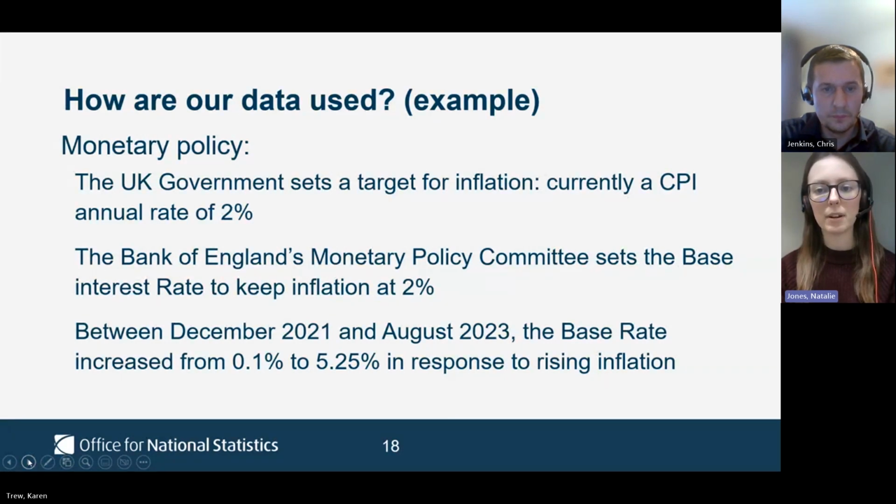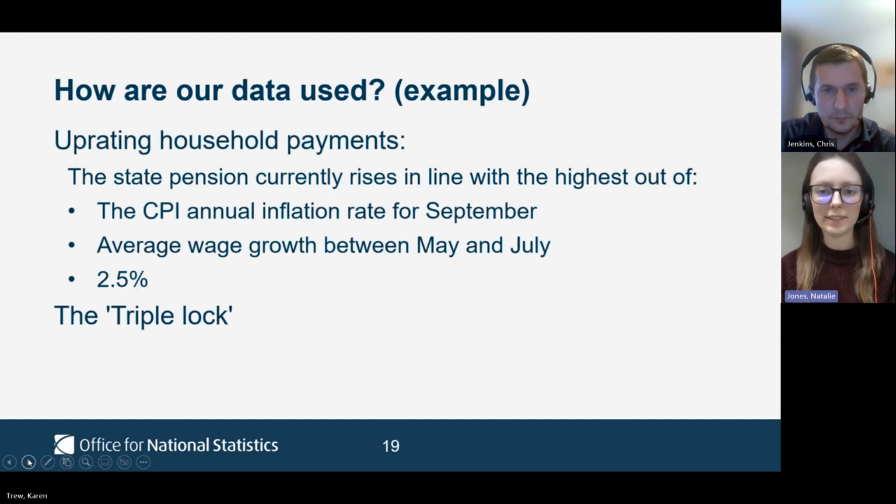The Bank of England's Monetary Policy Committee sets the base interest rate to keep inflation at 2%. So between December 2021 and August 2023, the base rate increased from 0.1% to 5.25% in response to rising inflation. Move on to the next slide, please.